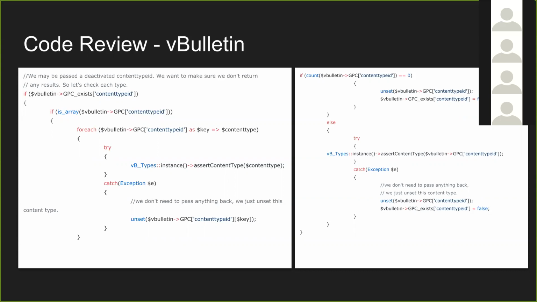Also, the big problem with this is catching the general exception here. Basically, the idea here was, if the content type is not present in these types, then you should just unset this variable and not need to modify anything else. But basically, any error that happens in this line, or if you add another line there, will be caught.